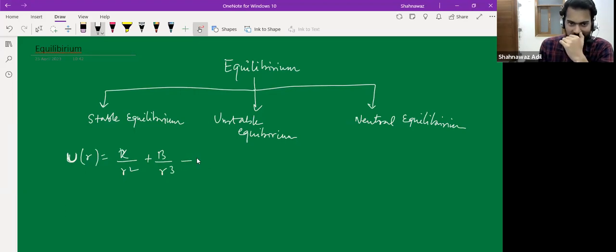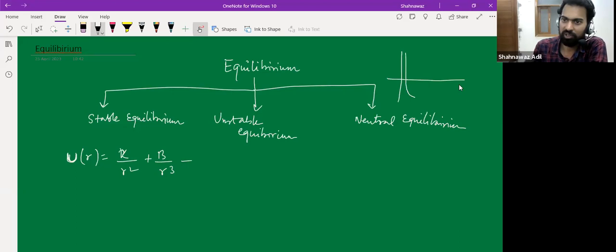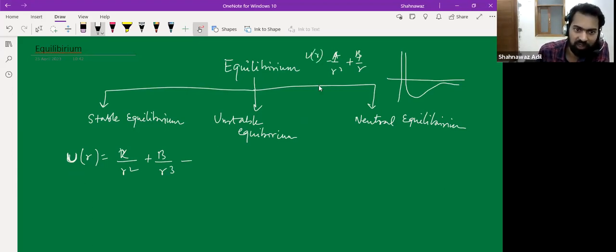As you have already learned in nuclear force, this kind of potential goes like 1 over R square plus 1 by R cube. So you will be given some kind of potential.